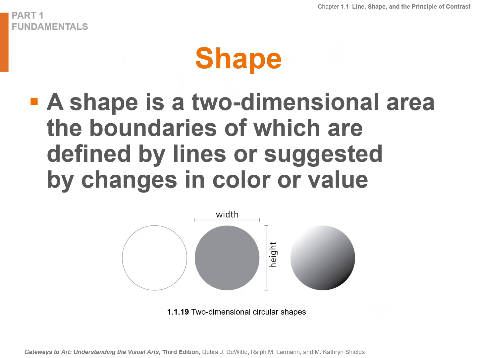The next visual element that we're going to talk about is shape. Essentially, shape is a two-dimensional area, the boundaries of which are defined by lines, or suggested by changes in color or value. In this case, we see a shape defined by a line, right?